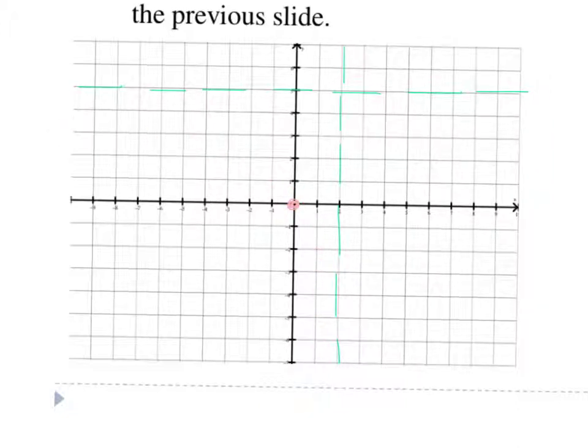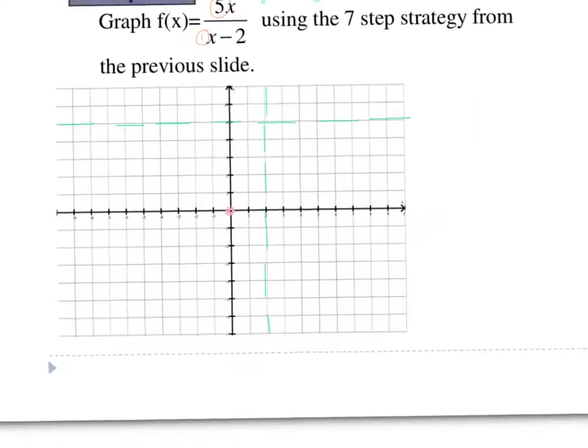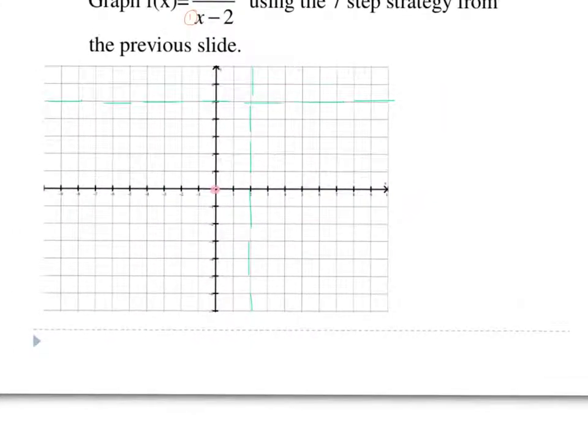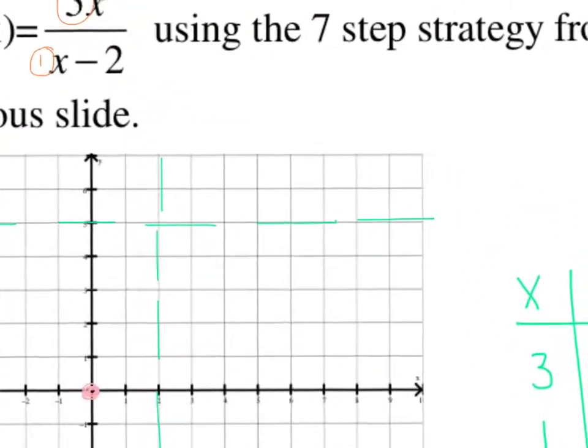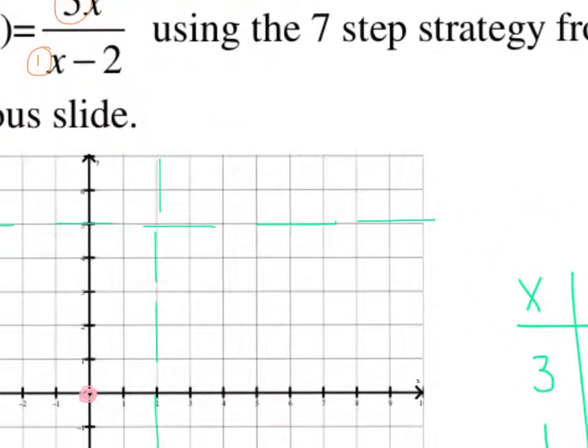So what we could do at this point is create a table of values to help us be sure and determine what's happening on those portions of the graph. So I'm going to create a table of values. I'm going to substitute 3, 1, and -1 into the given. Alright, so these are the points that we get. And 15 is a little bit off our graph, but it helps us determine that we are on this top half.